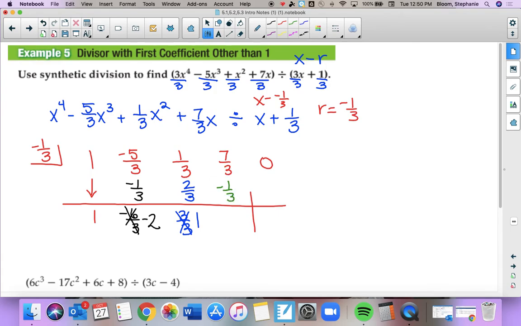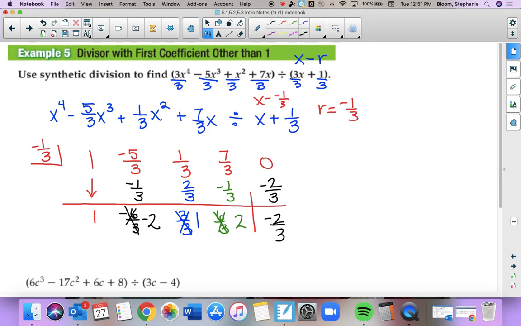What's 7/3 plus negative 1/3? 6/3, which is 2. And then 2 times negative 1/3 is negative 2/3. Adding 0 to it is negative 2/3. Okay? So now we're going to write, we have our coefficients.